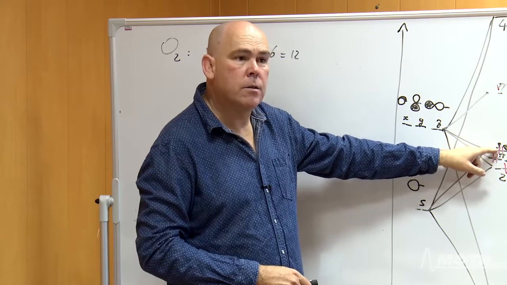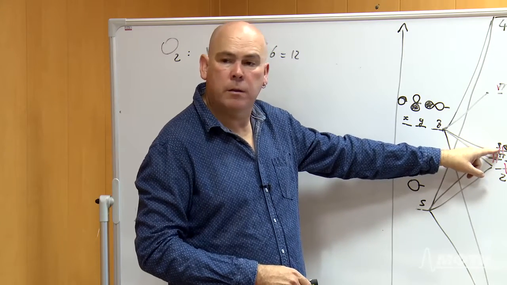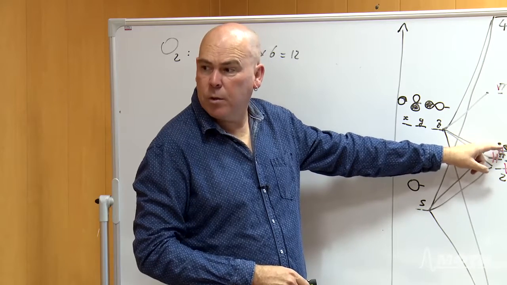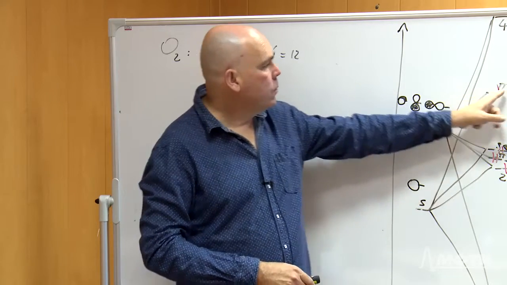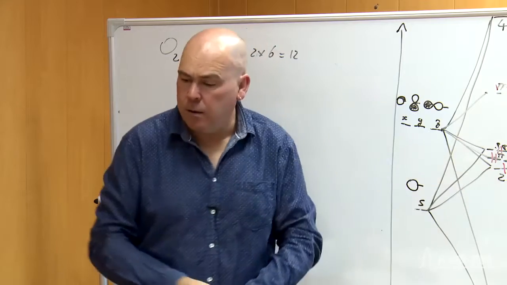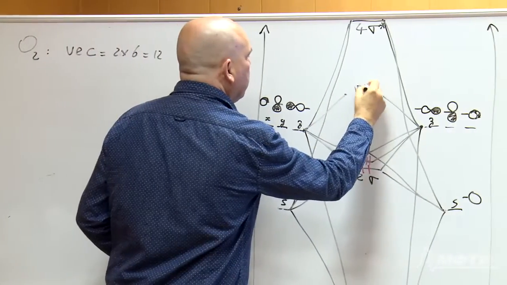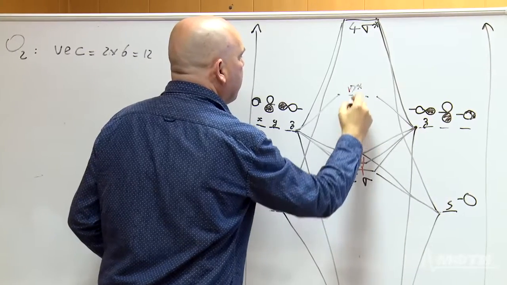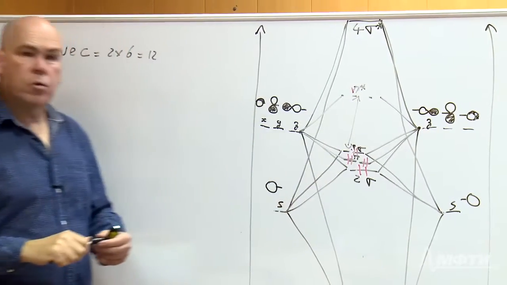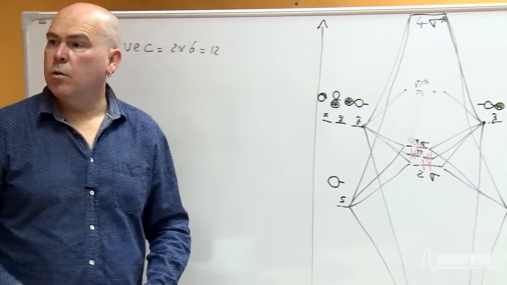Here will be the HOMO, the highest occupied molecular orbital, and the pi star levels will be the LUMO levels, with a huge gap between the HOMO and the LUMO.